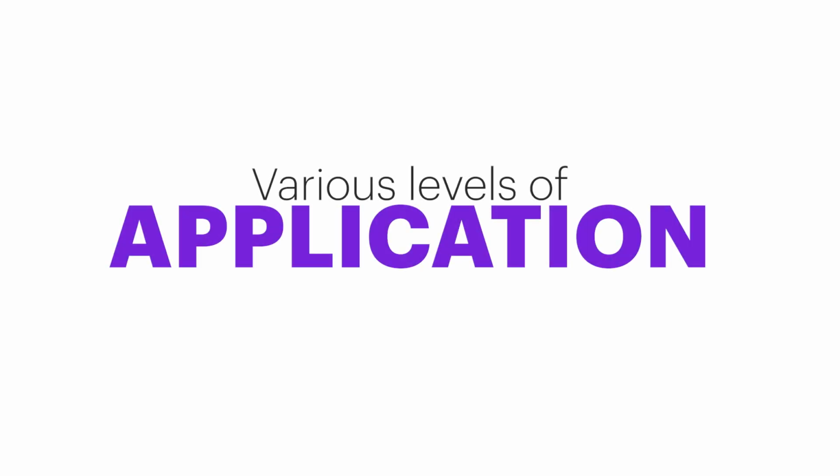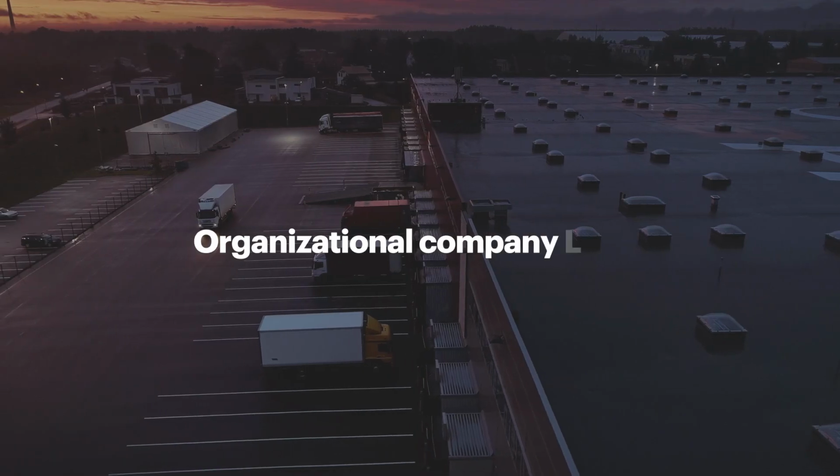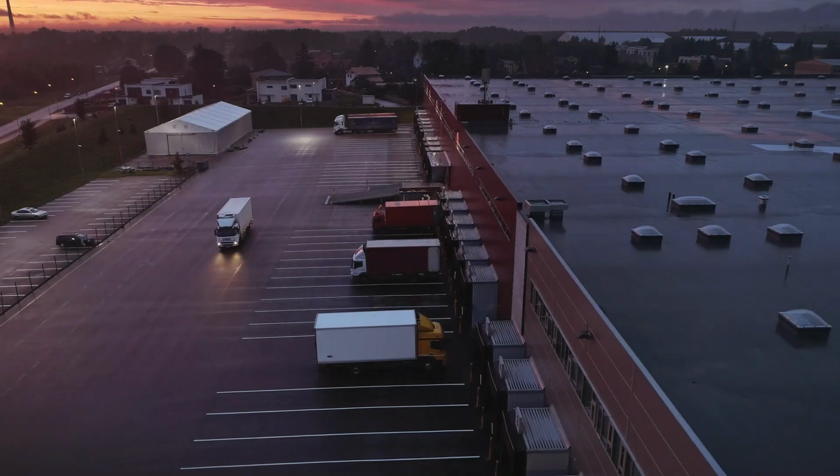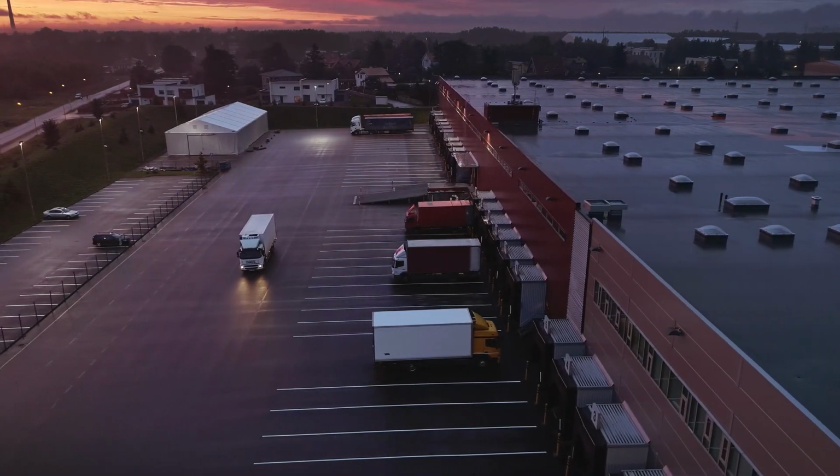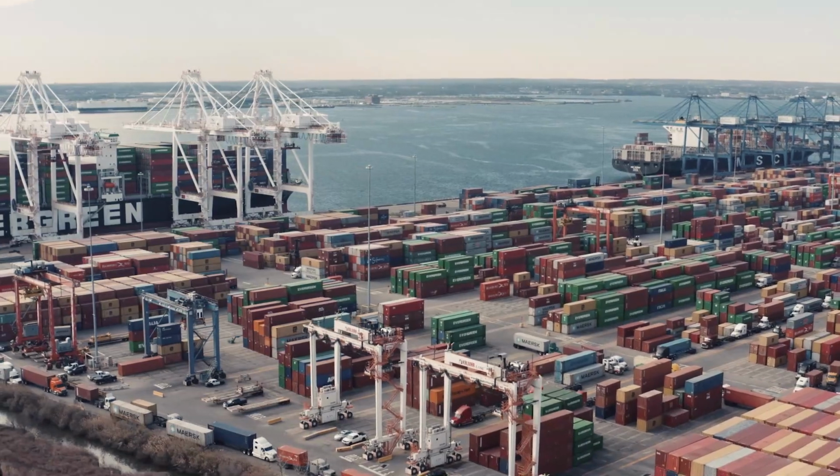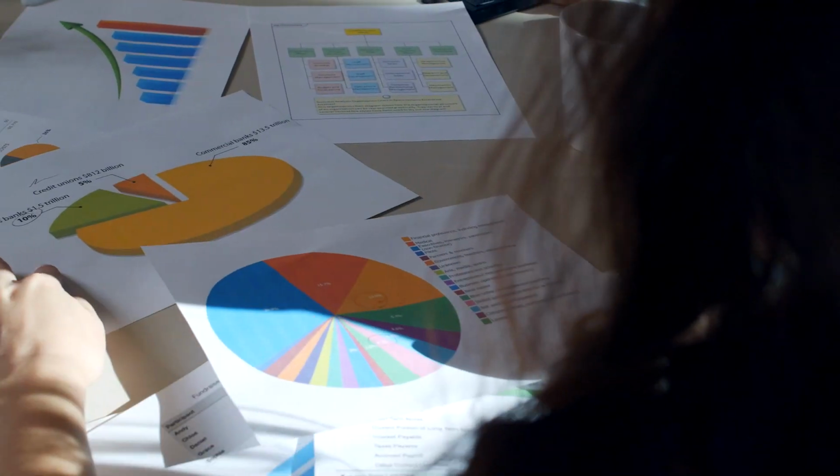LCA has various levels of application, and among these we can find the following. Original product-based scope, which corresponds to the traditional use of LCA to assess and improve specific product systems, such as process optimizations, supply chain management, marketing, strategic communications, or eco-design.